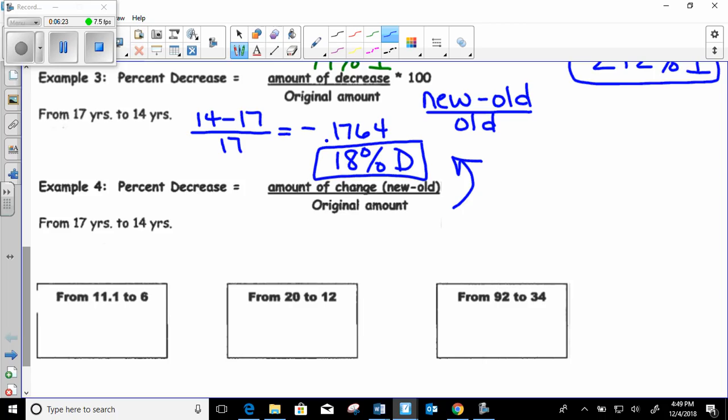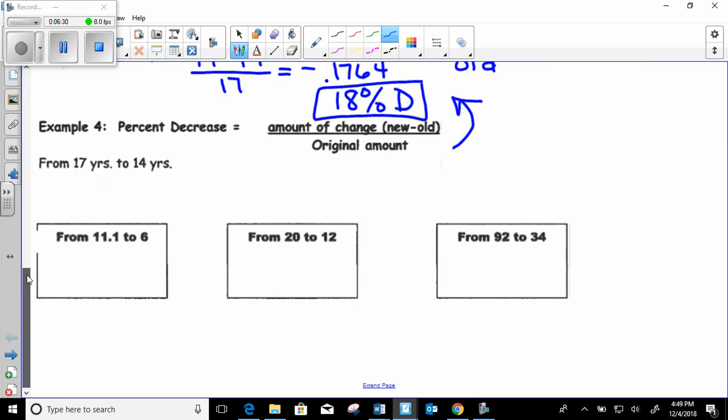So let's go down to the bottom. These are all going to be a decrease. If you use the same formula, new minus old over old, take the new one, which is 6 here, 6 minus 11.1, you know you're getting a negative number, so there is a decrease, whether it's a decrease in price or in inches, over the old, which was 11.1.